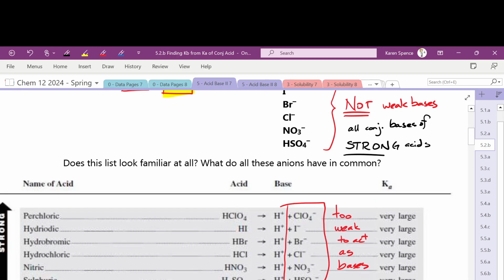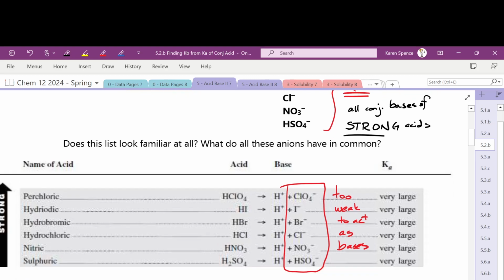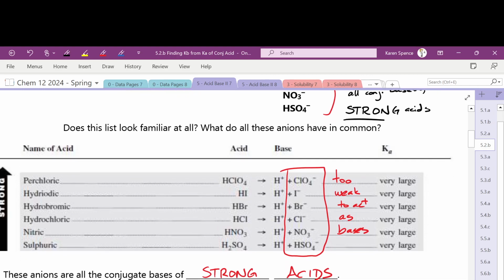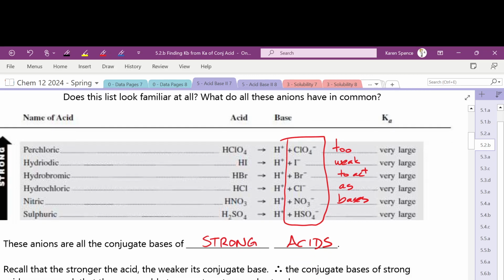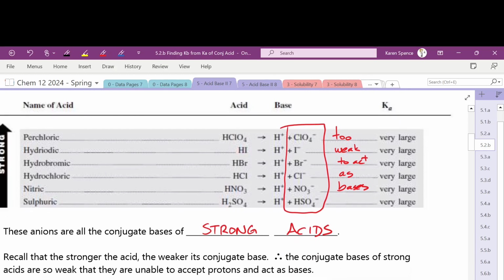So these anions are all the conjugate bases of strong acids. Remember, the stronger the acid, the weaker its conjugate base. Therefore, conjugate bases of strong acids are so weak that they are unable to accept protons and act as bases.